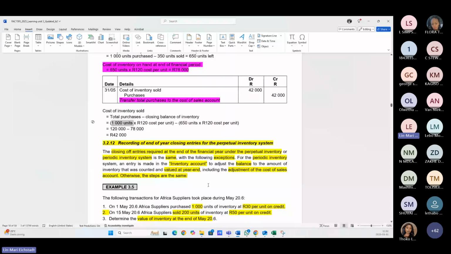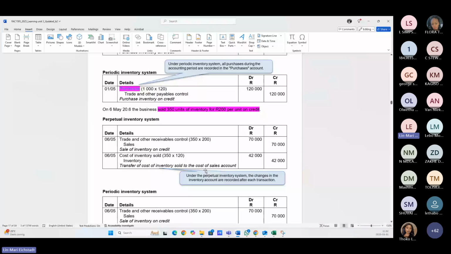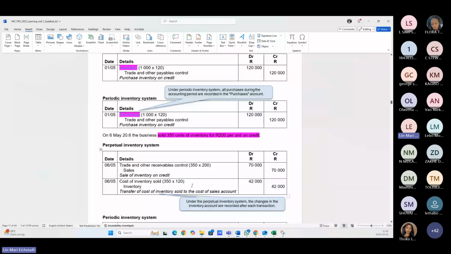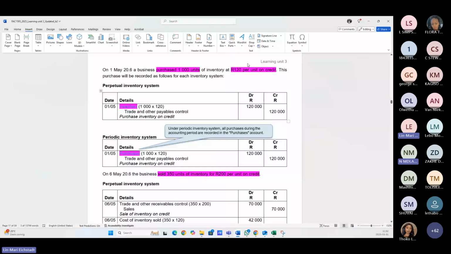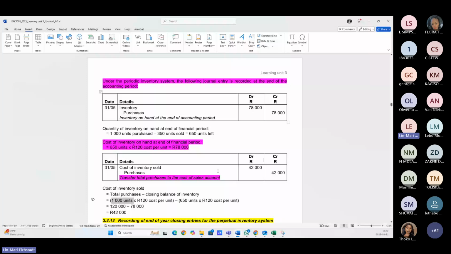I understand it's a little bit different, because in here we had the units and the amounts, whereas in the first one it was just simplified. This one has got a bit more beef to it. But indeed, when you've got the amount per unit, this is the way that you would do it. But if you just have the amounts in total without the units and the unit cost, then you would do it differently, as we did in the previous example.